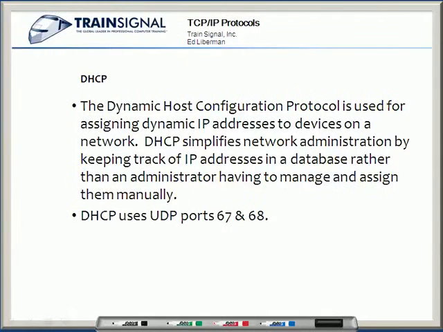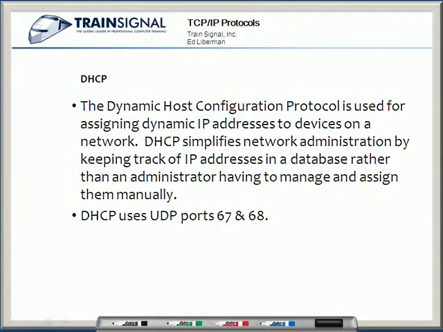I mean, that's the bottom line. DHCP makes it so IP addresses can be assigned and managed dynamically. Okay? It gets rid of all the manual aspect of assigning IP addresses.